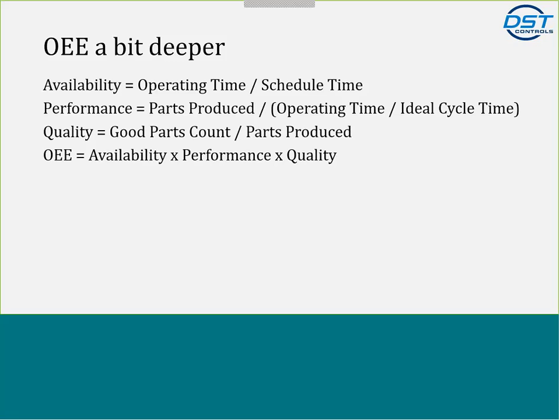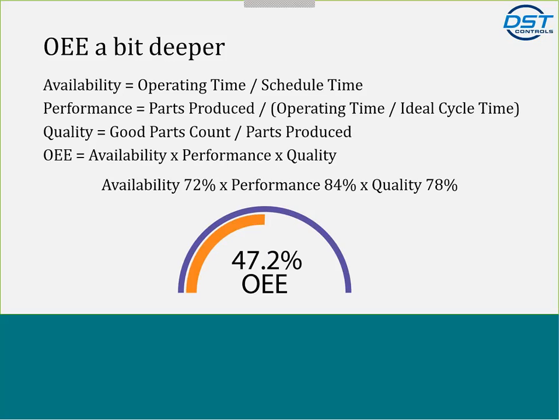So once again, we're just going to multiply these 3 together, and here's another example of some typical numbers that you might expect to see depending on your operation. And then if we multiply all those together, we get an OEE number of 47.2. So here you can see we're in the 70s and 80s, and our OEE ended up being all the way down at 47%.